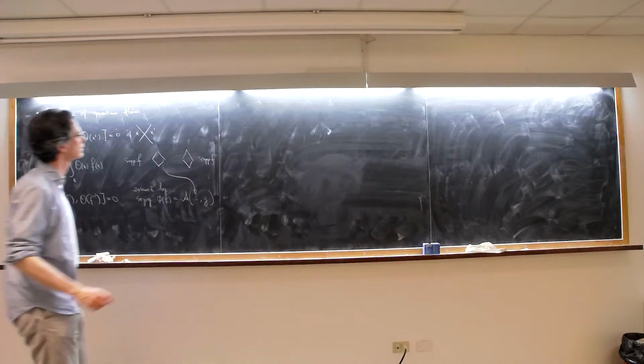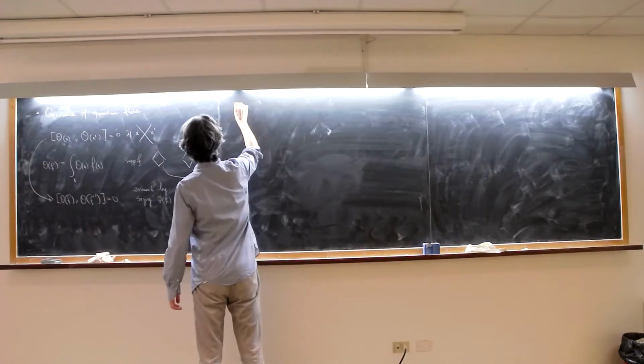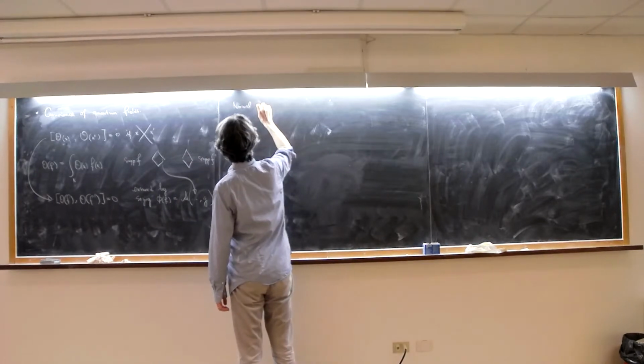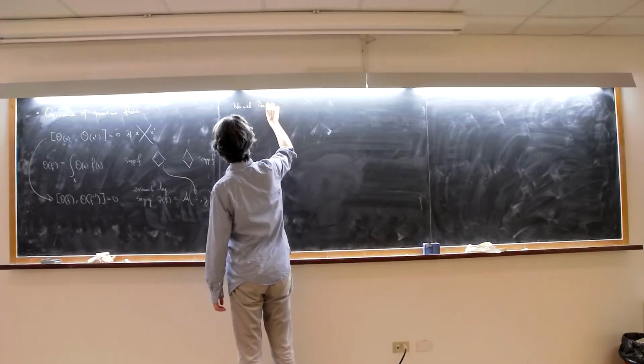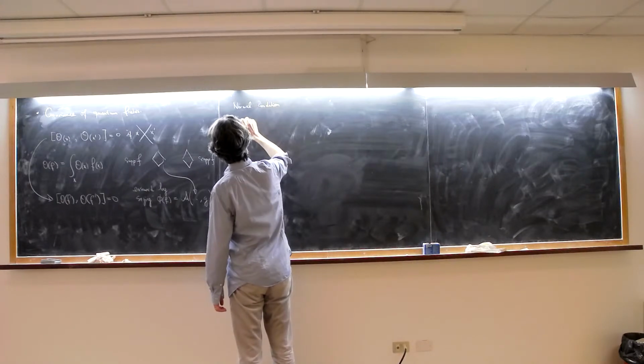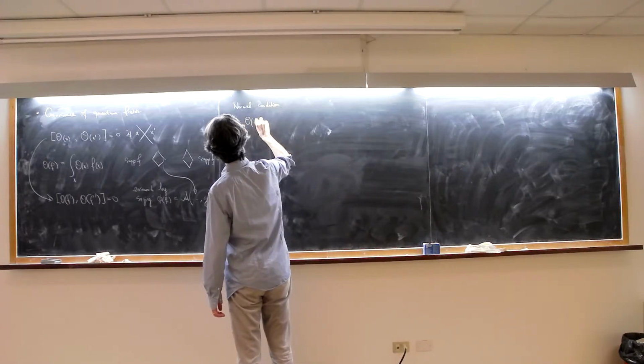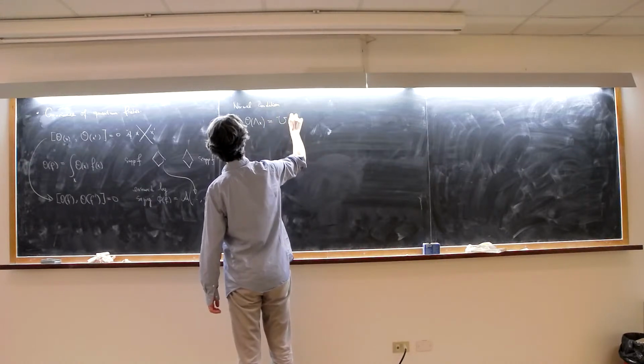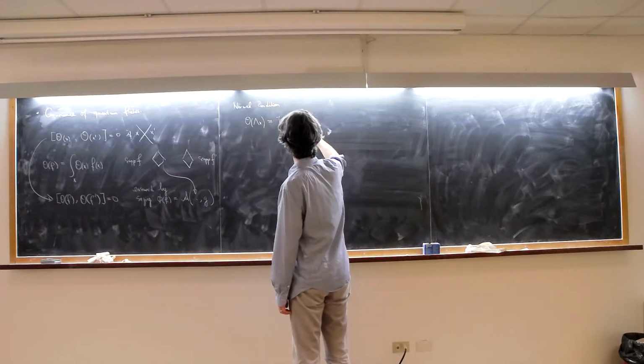So in Minkowski space, a normal property is that, for instance, if you apply a Lorentz transformation, you get a unitary operator here.